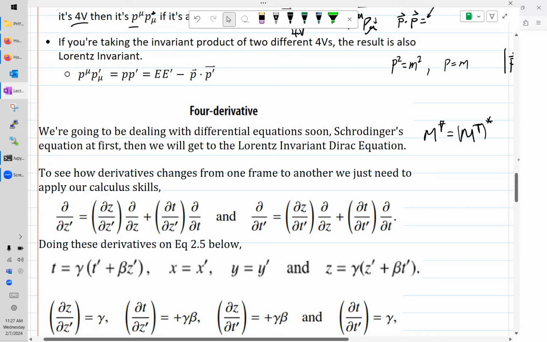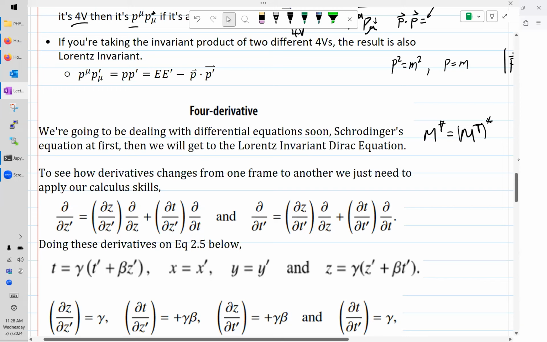For 4 vectors, it's always going to be this Lorentz invariant or the 4 vector dot product. For 3 vectors, the normal vectors, you just do your regular dot products. You just have to be careful with 4 vectors that if you're dotting it to itself, you're going to have the negative of the spatial component all the time. Because otherwise you don't get a Lorentz invariant.